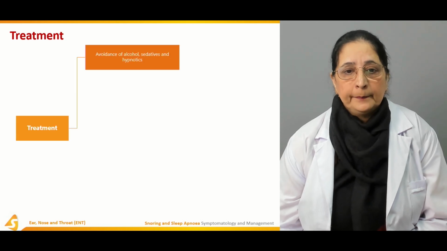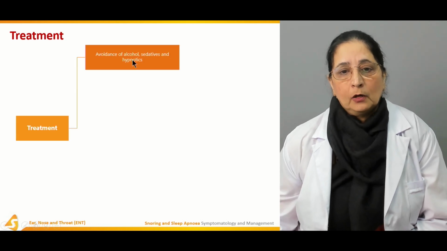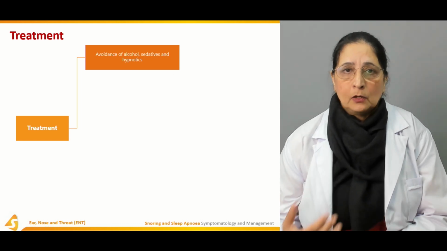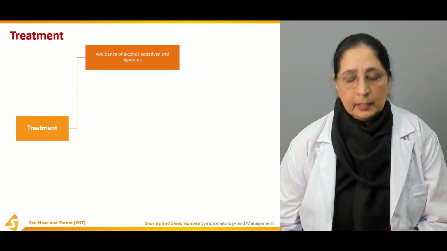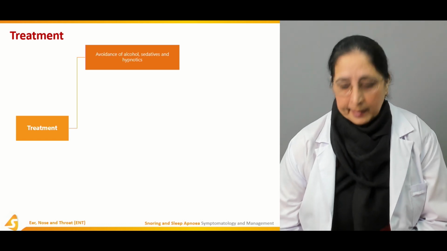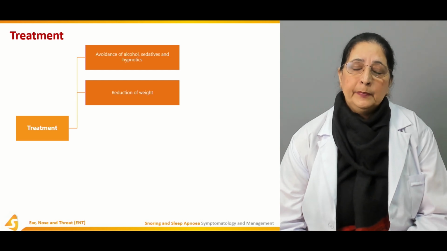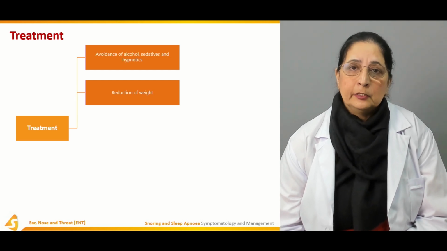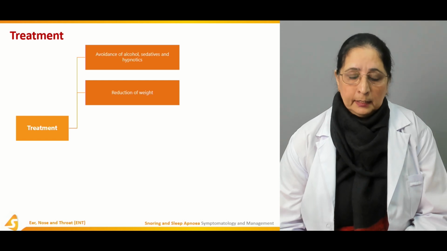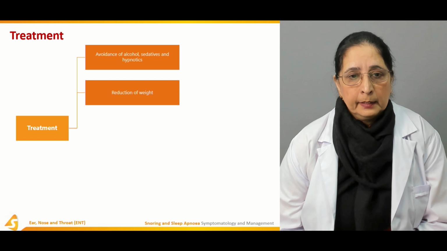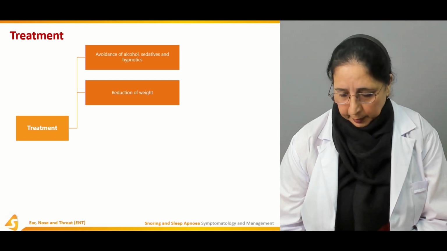Treatment is avoidance of alcohol, sedatives, and hypnotics. That's one cause that can cause snoring, and it's easily preventable. Then reduction of weight. Obese and overweight people snore, so reducing weight helps in the treatment.